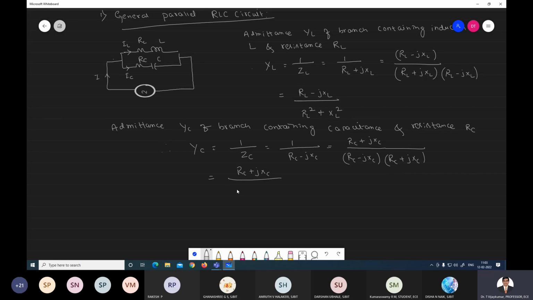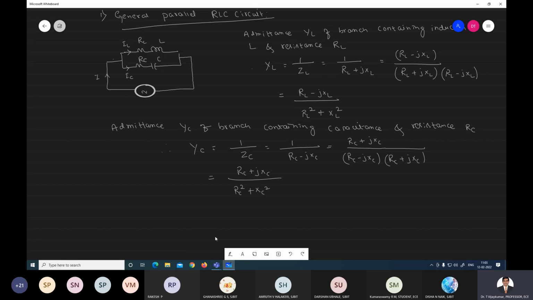A square is RC square, minus B square, jXC whole square. j square is minus 1, so minus into minus becomes plus, and this gives XC square. So YC is equal to RC plus jXC divided by RC square plus XC square.